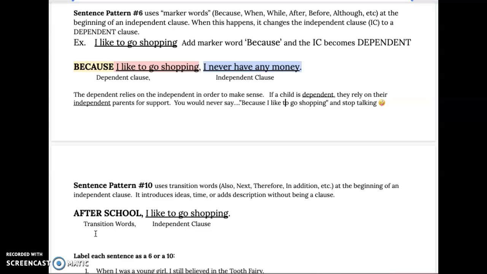Here's where we get to use those transition words. So this right here, after school, that is not a clause. It doesn't have a subject and a verb. And it's not, but it still relies on this independent clause. I can't just come up to you and say after school. Okay, but the difference here is that with your 10, it's just a grouping of words.